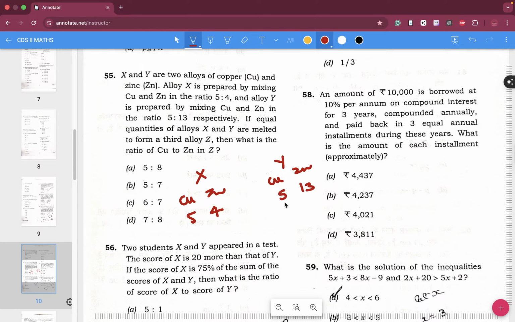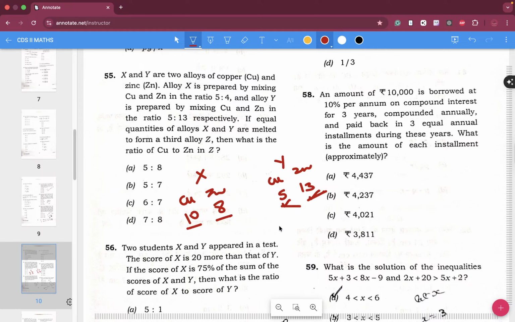Now, if you look at it, this is 5, this is 13, the sum of this is 18, right? And this is 5, this is 4, the sum of this is 9, okay? So which means we need 2 units of X, which will be 10 and 8, right? Now, these are in equal quantities, 18 here also, 18 here also, right?